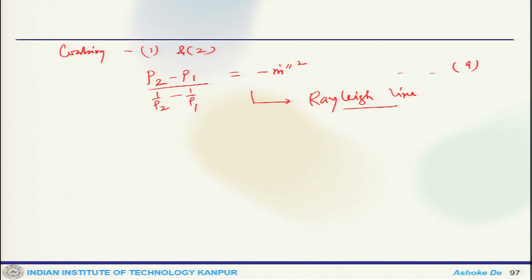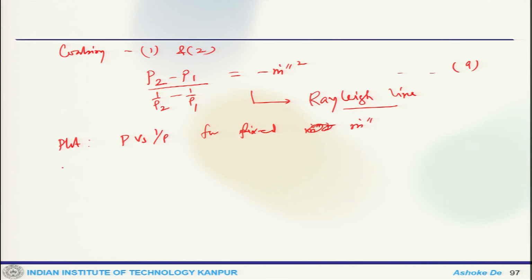Now, we can actually plot P versus 1 by rho for a fixed mass flow rate. So, this will give you the Rayleigh line.